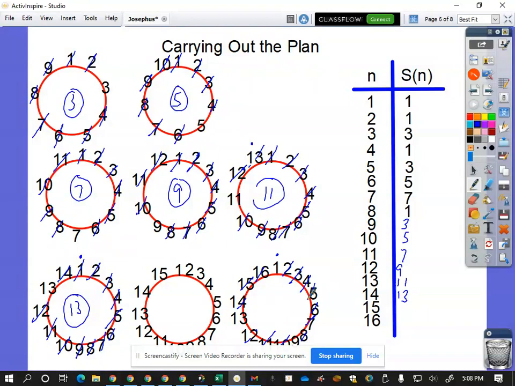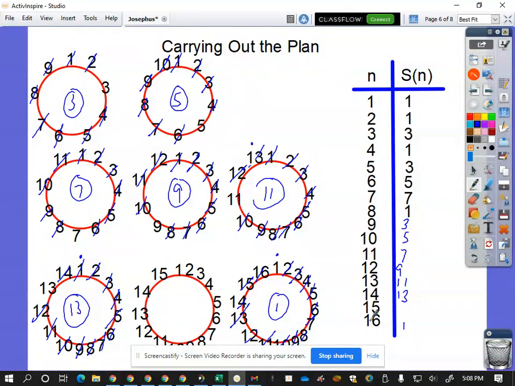1 eliminates 5, 9 eliminates 13. Now we have 2 left. Again, we go back to our table, first seat. And then 1 eliminates 9, and 1 is the winning seat. So we have this situation where the winning seat is 1 at 1, 2, 4, 8, and 16.